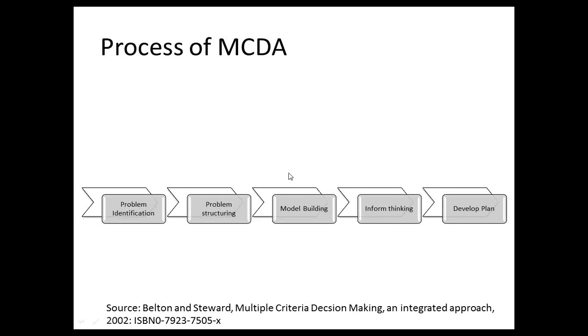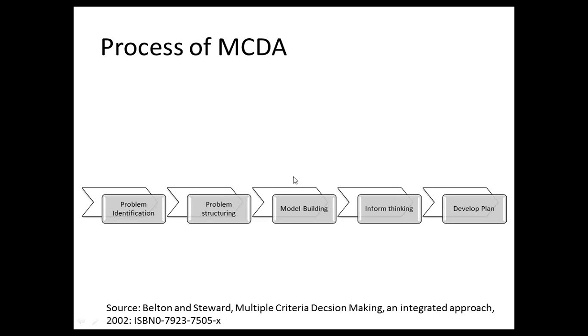Model building is the central stage of MCDA, where the problem and its structuring are transferred to an MCDA model, which can then be used to inform thinking, challenge your own thinking about the problem, and finally developing a plan for the implementation of your MCDA analysis.